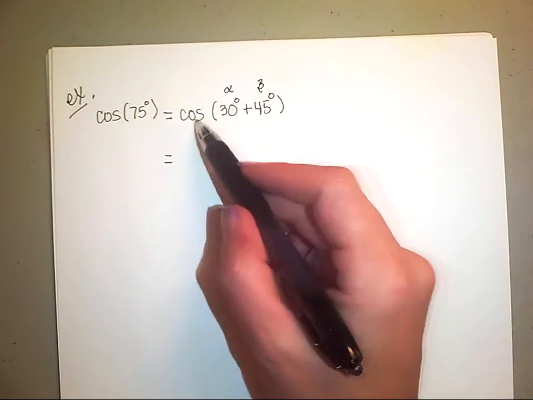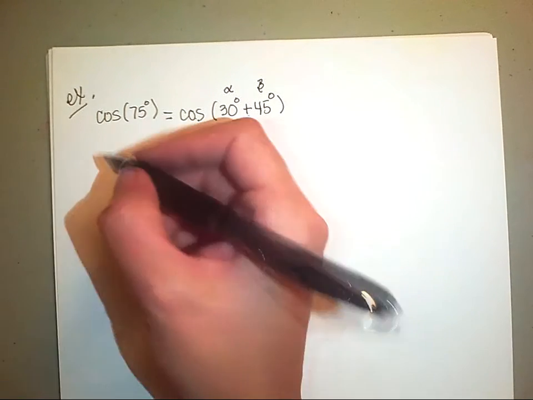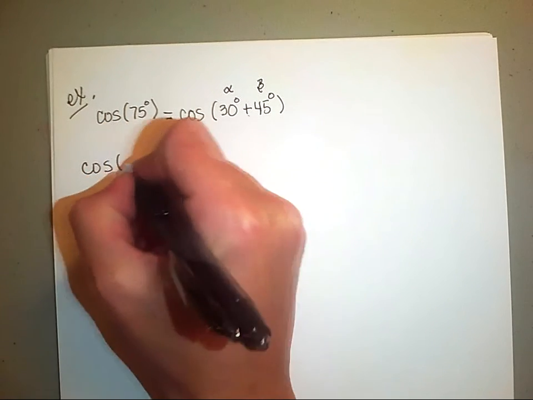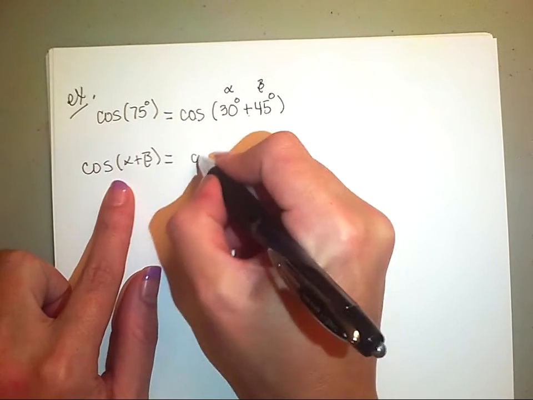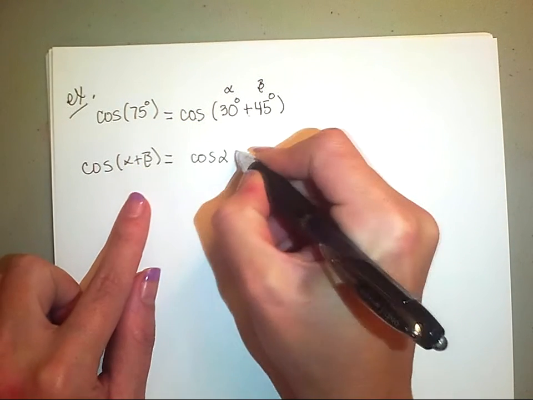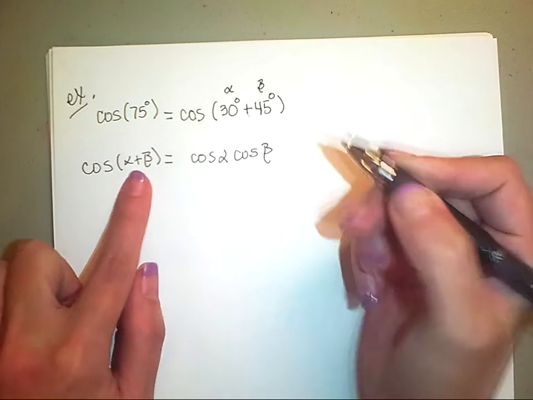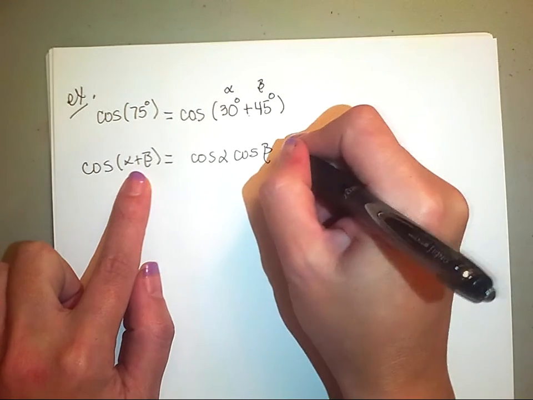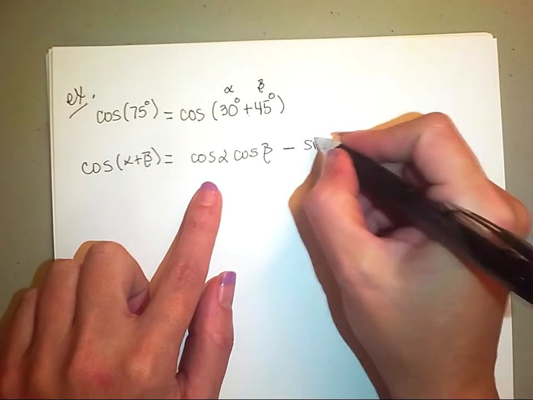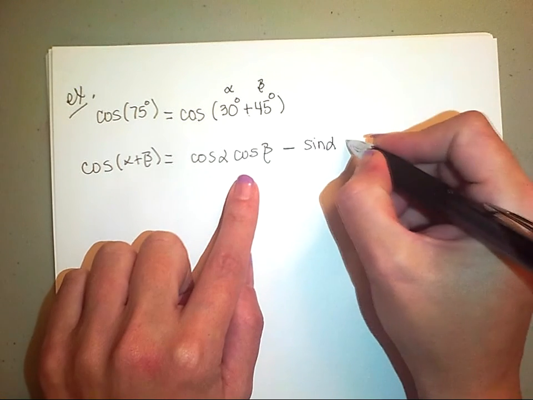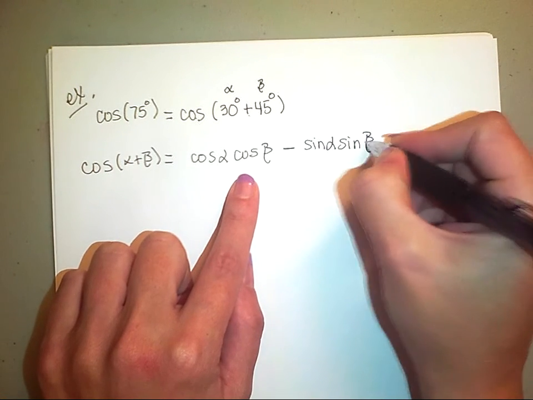Okay. So now expanding using the sum formula. Remember that the cosine of alpha plus beta is the cosine of the first, always the cosine of the second. We're in the cosine, so we'll take the opposite sign, and then the cofunctions, sine of alpha, the sine of beta.